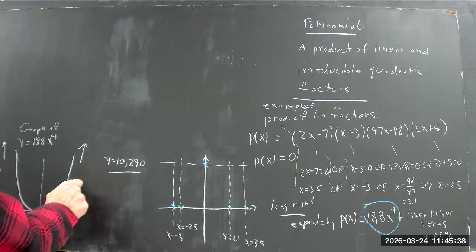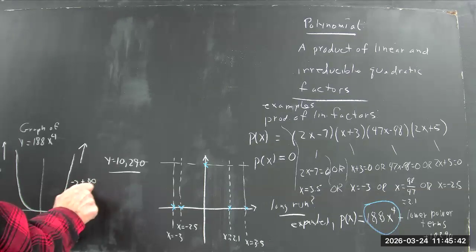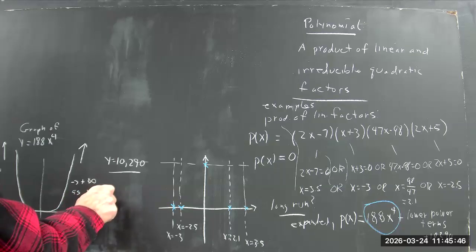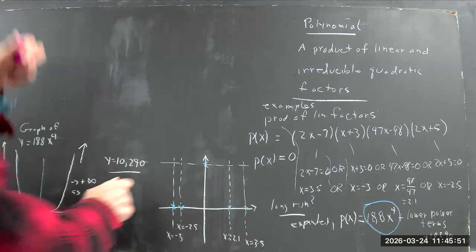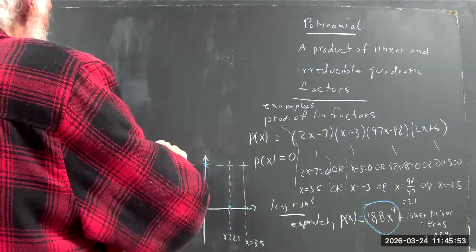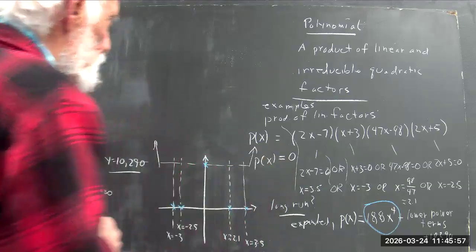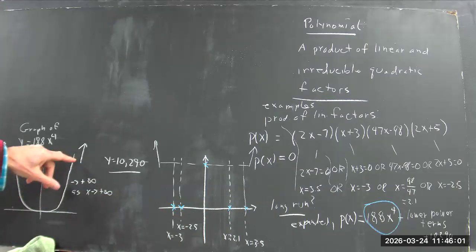And as we go to the right, it approaches plus infinity as x approaches plus infinity. So the graph has got to go up steeply here, and it has to go up steeply here, because all this lives inside of this graph.